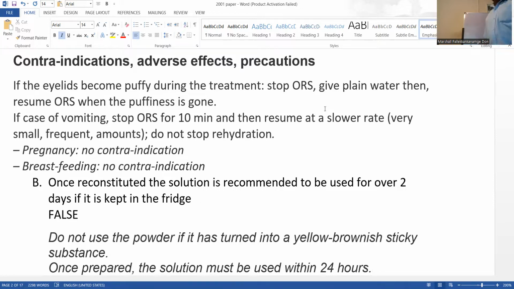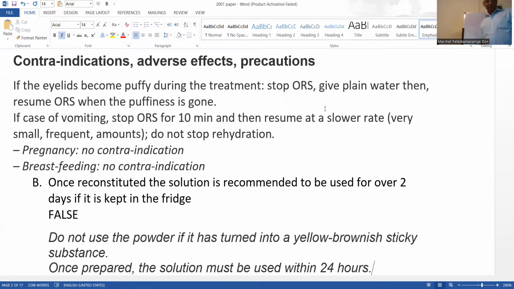Then give a little plain water for some time and then you can continue with it. If the patient vomits, you have to stop for 10 minutes and then give ORS slowly. No contraindication for pregnant people, and breastfeeding also has no contraindication.